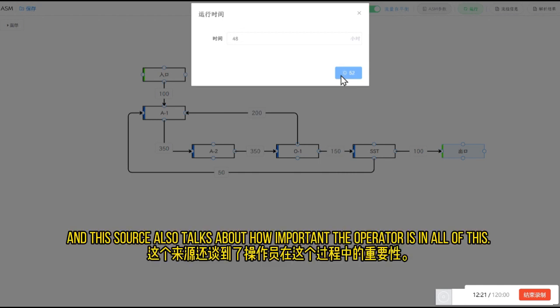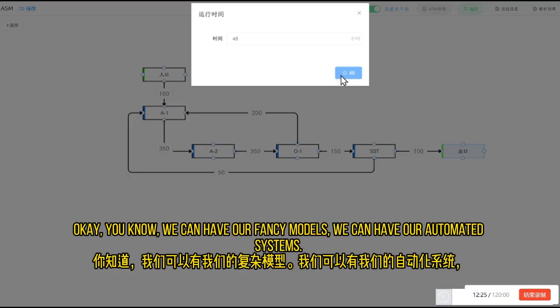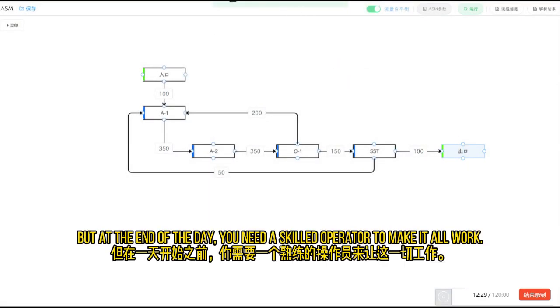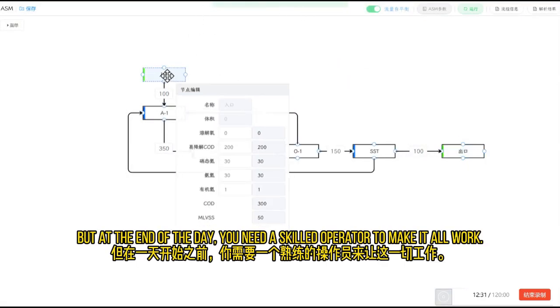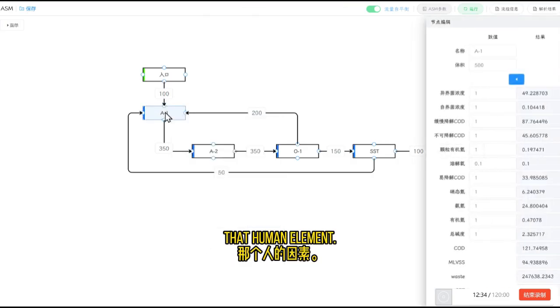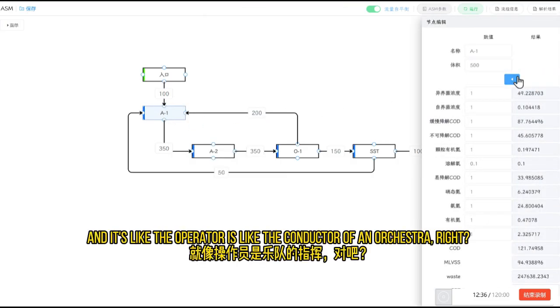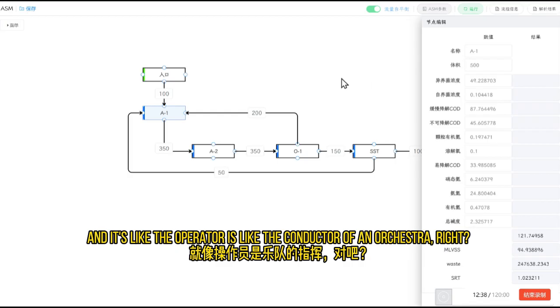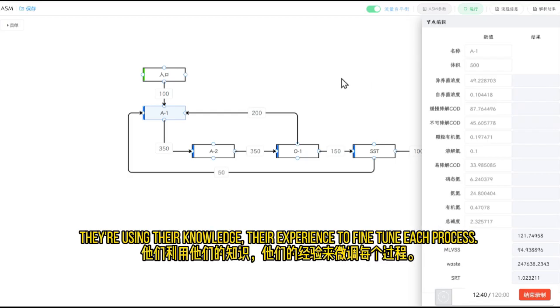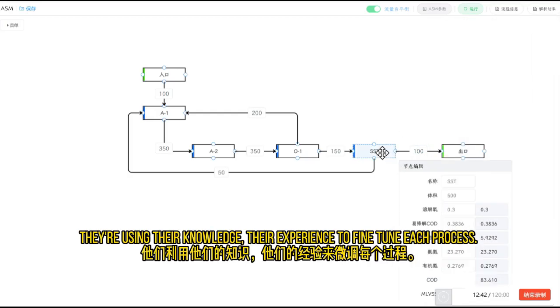This source also talks about how important the operator is in all of this. We can have our fancy models and automated systems, but at the end of the day, you need a skilled operator to make it all work. That human element. The operator is like the conductor of an orchestra, using their knowledge and experience to fine tune each process.